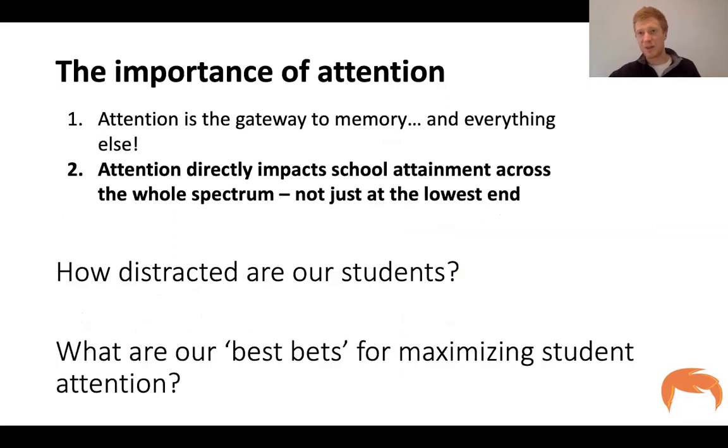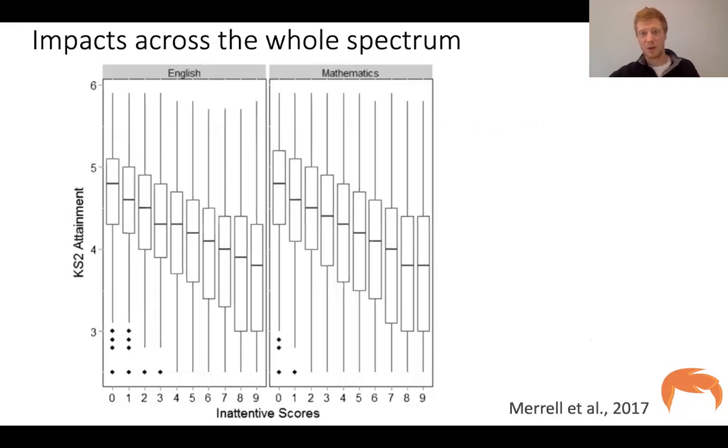The other reason I think attention is really important is that that's the theory and that's how the system works, and then we can see the end effects of attention control on educational success. So we've got some quite clear evidence that attention directly impacts school attainment across the whole spectrum. And I'll show you what I mean by that with a couple of graphs here.